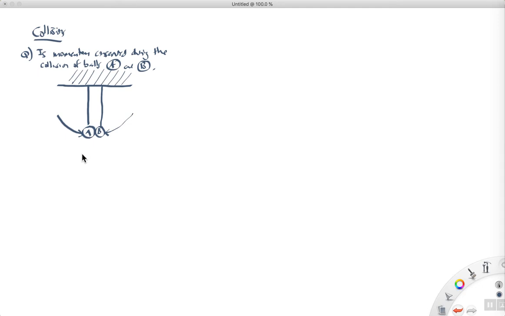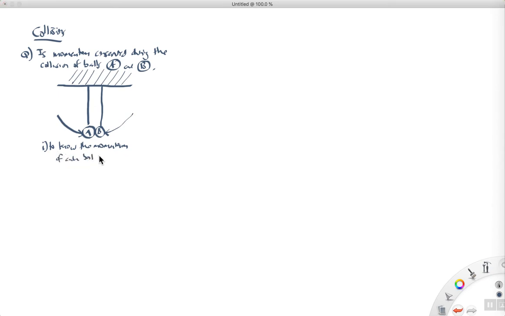I'm not going to go through his experiment in detail, but I want to outline how he approaches this. So first of all, to know the momentum of each ball, you have to know both its mass and its velocity.